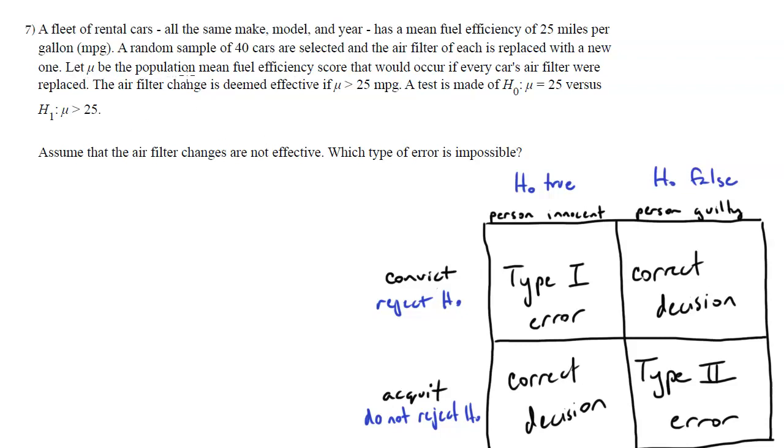Let mu be the population mean fuel efficiency score that would occur if every car's filter were replaced. The air filter change is deemed effective if the population mean is greater than 25 miles per gallon. So let me write that. Population mean is greater than 25 miles per gallon. That means effective.